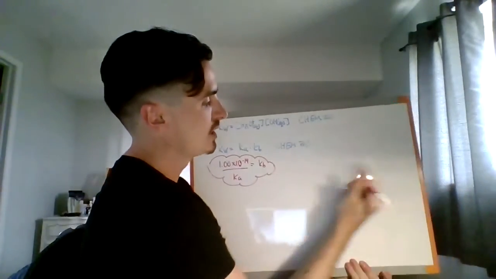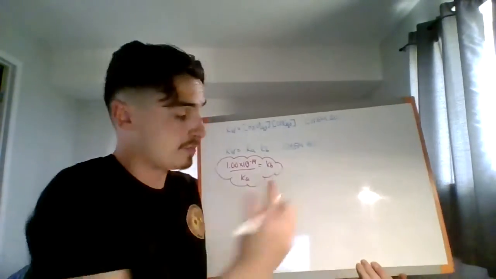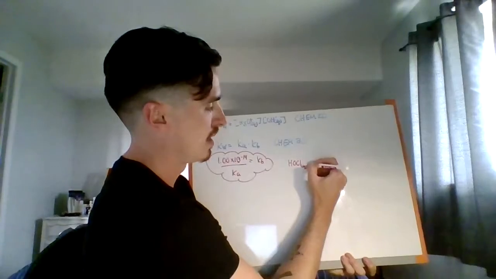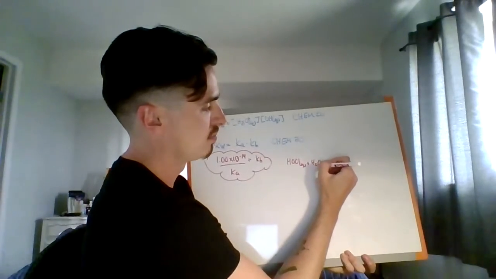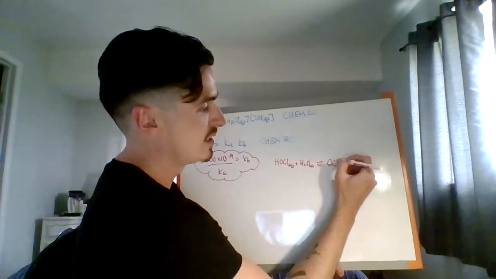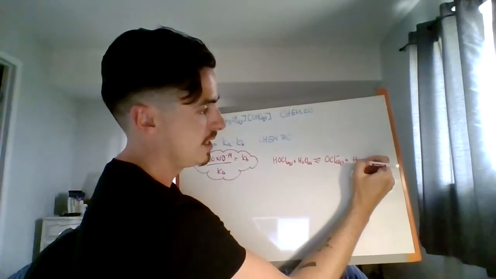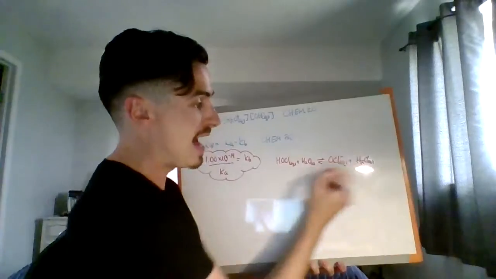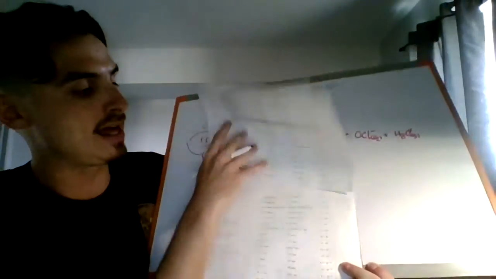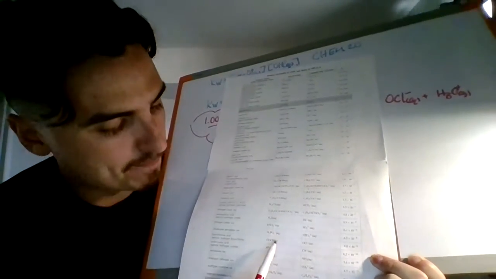So that reaction, guys, is going to look like this. HOCl plus H2O, in equilibrium, OCl minus and H3O plus. That is the reaction that is in my data booklet right here.